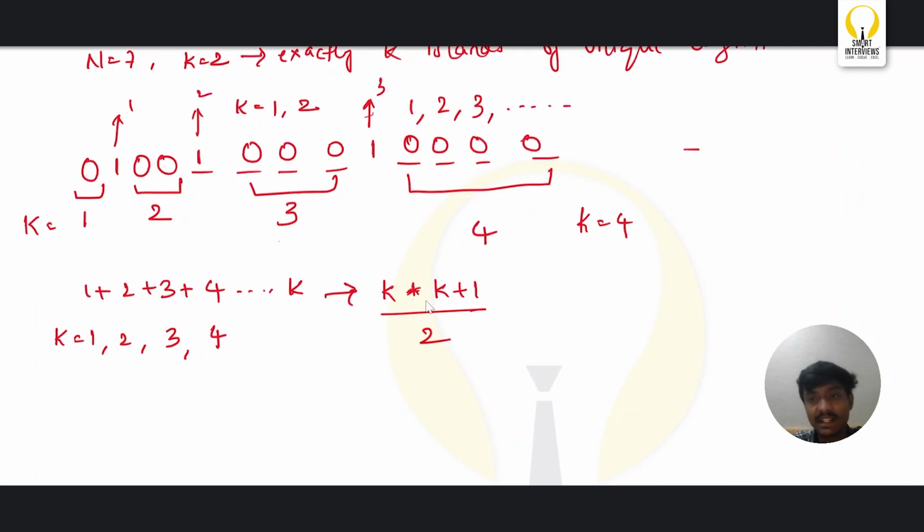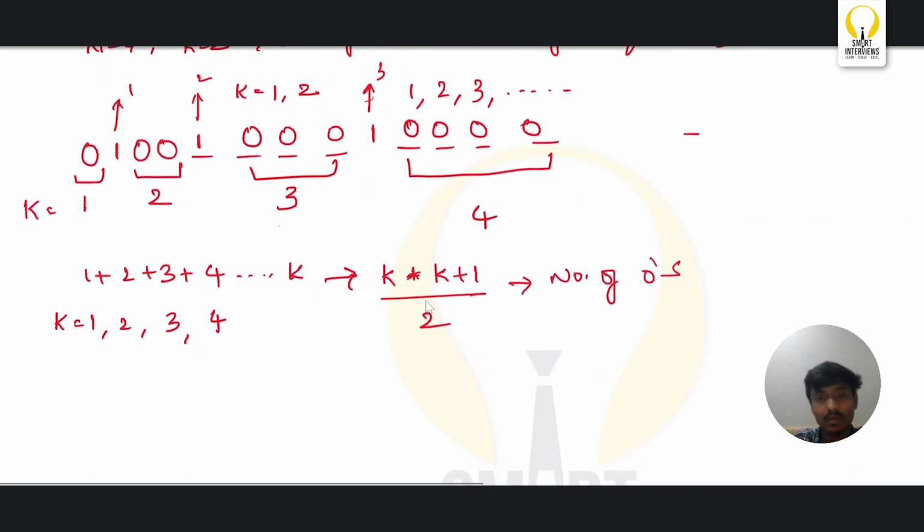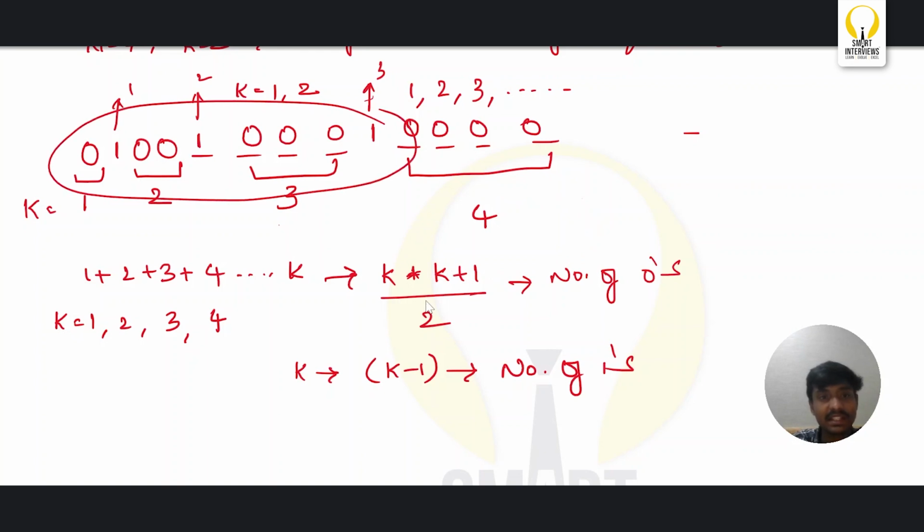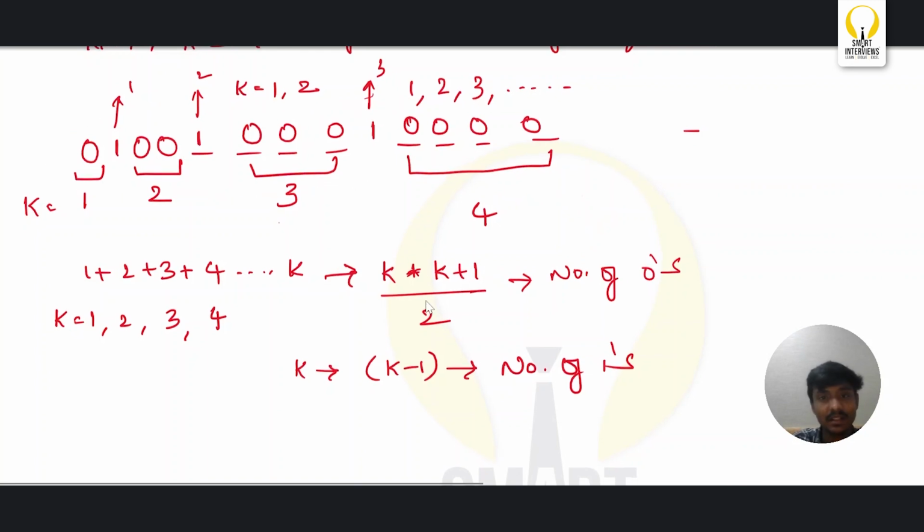So these are the number of zeros. Now for some k, can I say I'll have k minus 1 number of ones? Yes, right? If you see here, we have exactly 3 ones, for k equals 4, that is nothing but 4 minus 1.